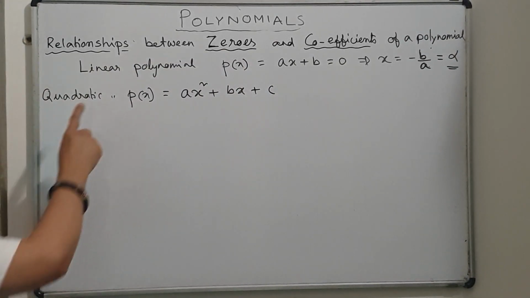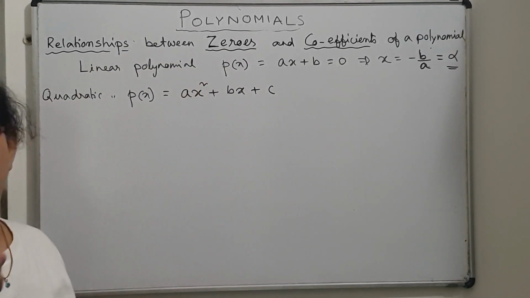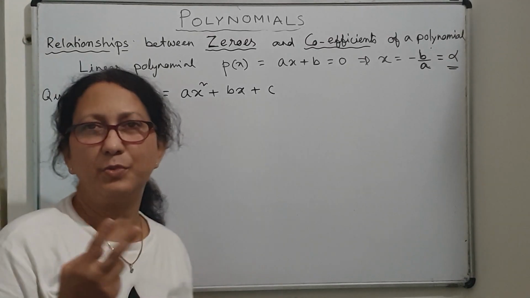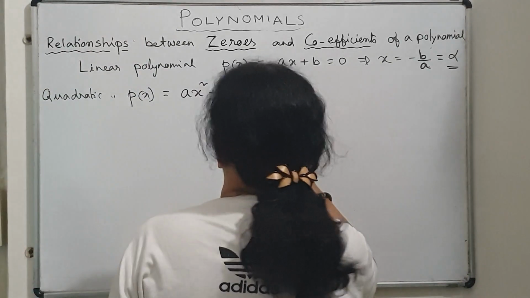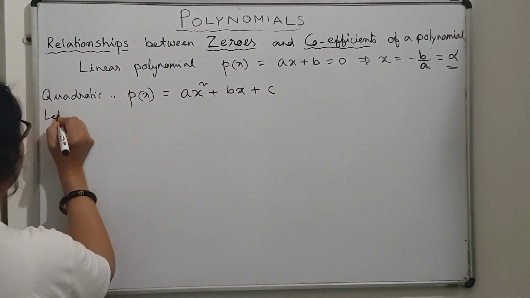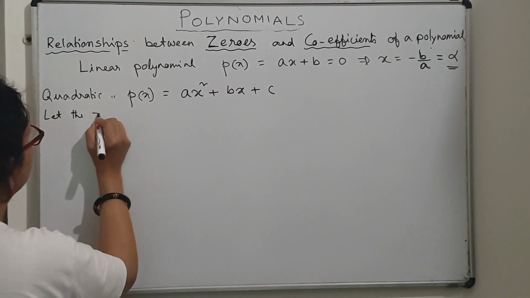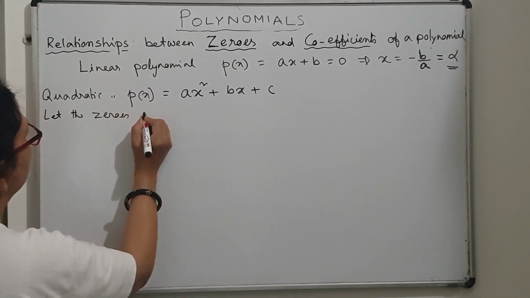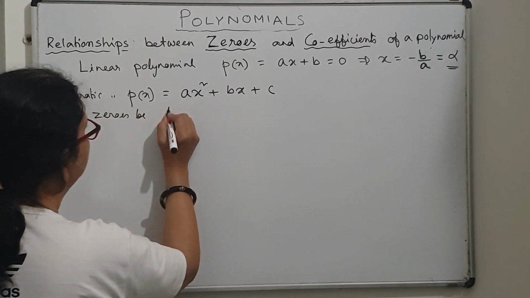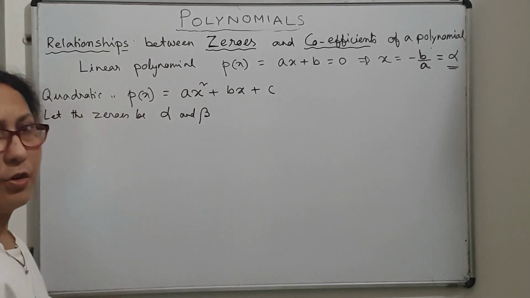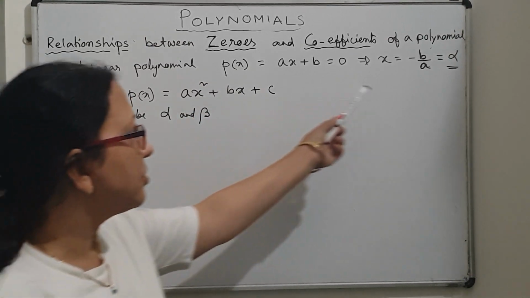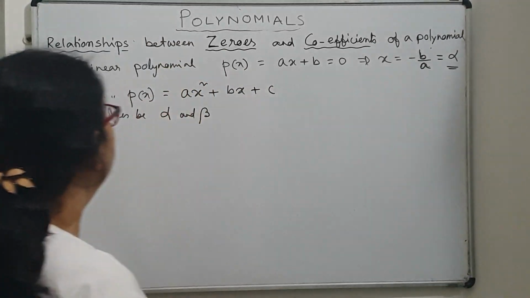Quadratic, so degree 2, so there will be 2 zeros. The maximum number of zeros will be 2, and let the zeros be alpha and beta. The first zero always you take alpha, the second one beta. It is also in the Greek alphabet order.